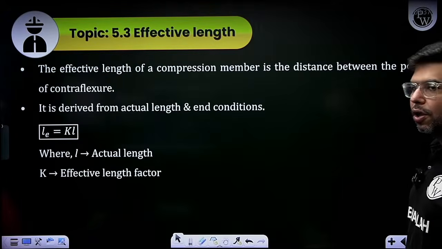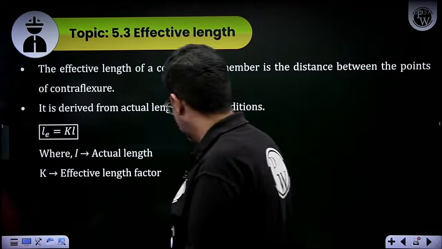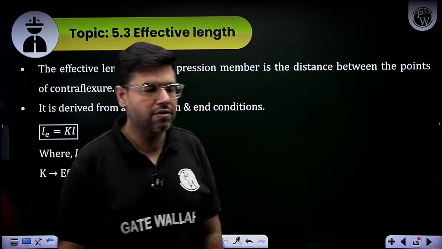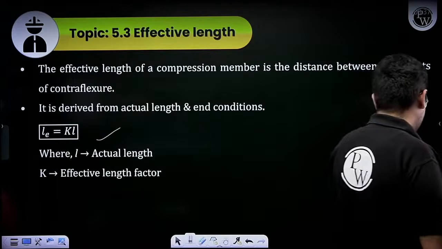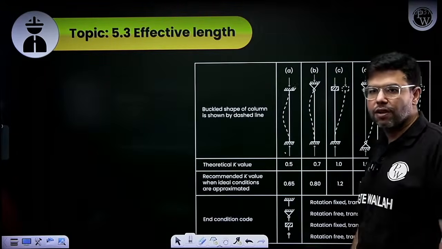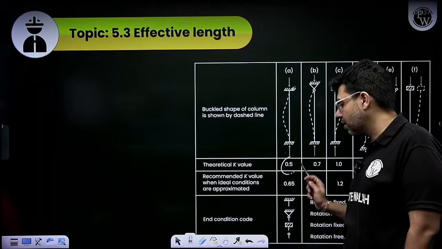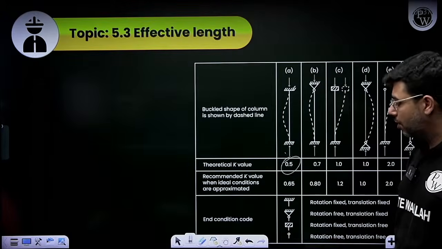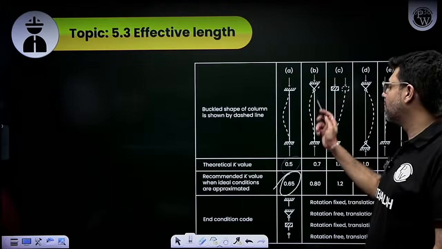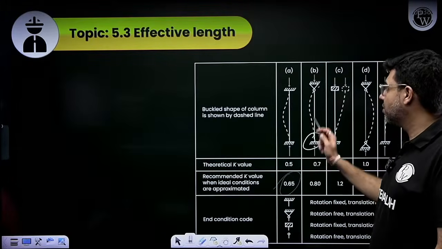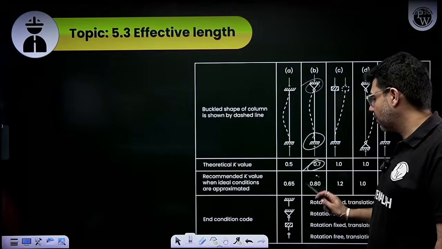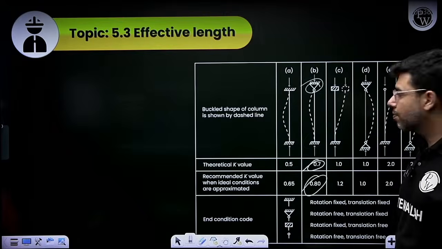Now, effective length of the column is defined as K into L, where K is the effective length factor. Theoretically, when both ends are fixed, the effective length factor is taken as 0.5, but as per IS code K will be taken as 0.65. When one end is fixed and one end is hinged, the theoretical value of K is 0.7, but the recommended value is 0.8.